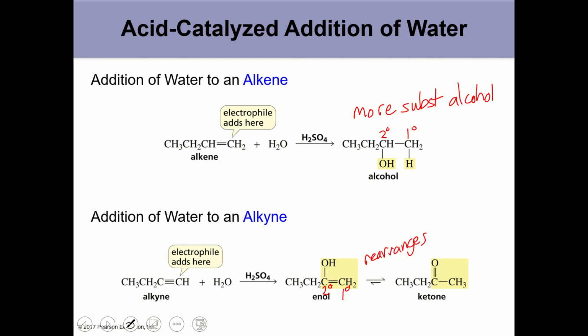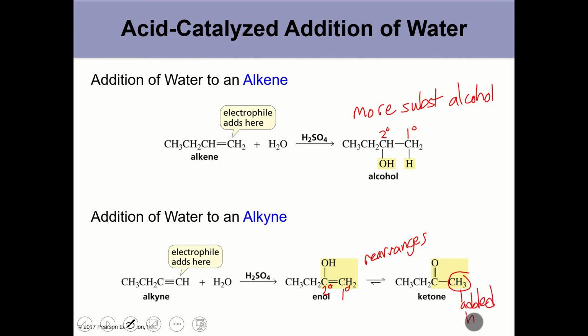And so the change that you make is the position of the pi bond. Instead of having a pi bond between the carbons, you're going to move the pi bond to a carbon to oxygen pi bond, and then all carbons should have a total of 4 bonds, so we move a hydrogen.